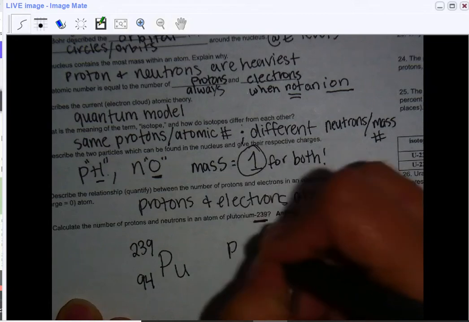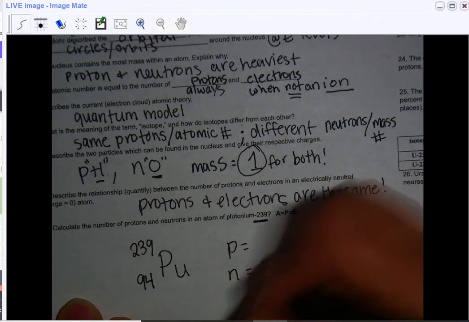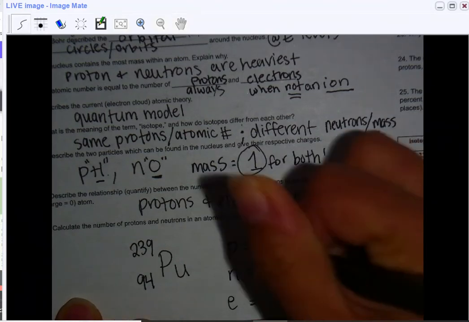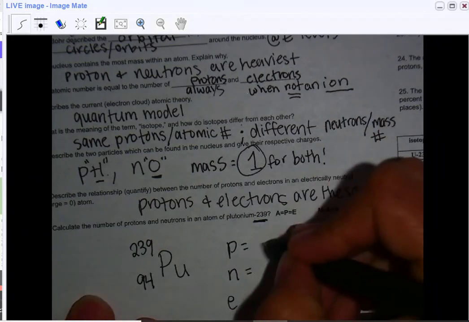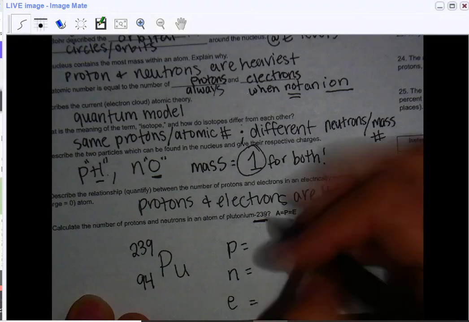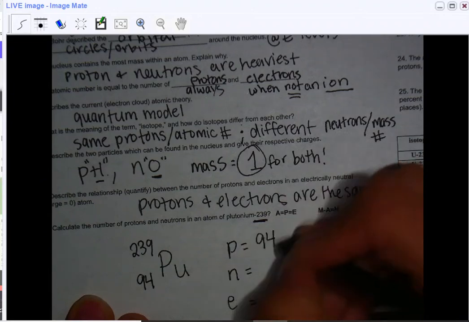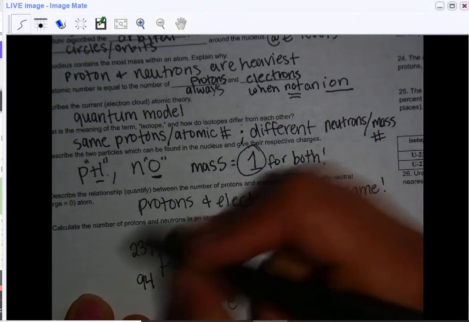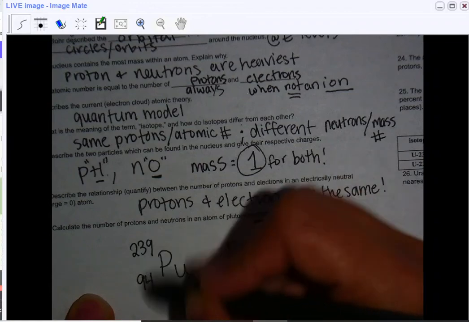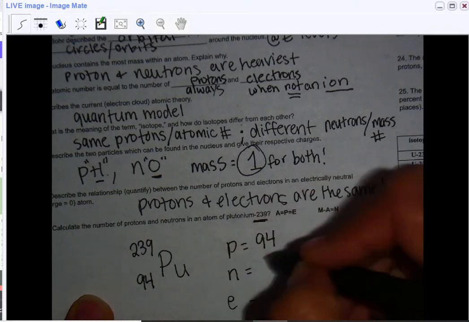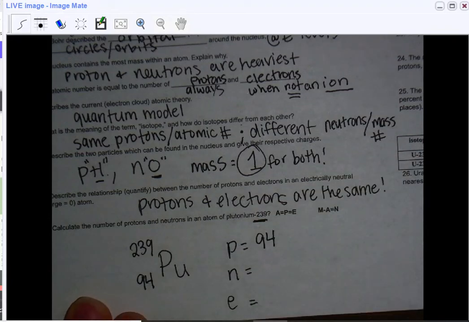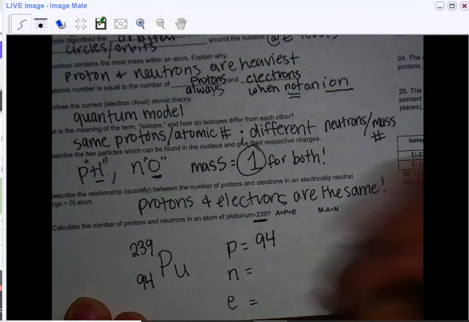Now we can go ahead and say protons, neutrons, and electrons. My protons are equal to what number? Atomic number, right? So 94. Is this a neutral atom? Yes, because there's no charge right here. Do you guys see that? Since there's no charge, the 94 is also going to go for the electrons.